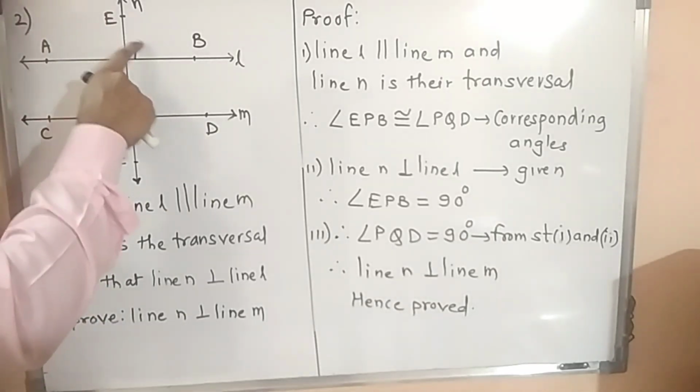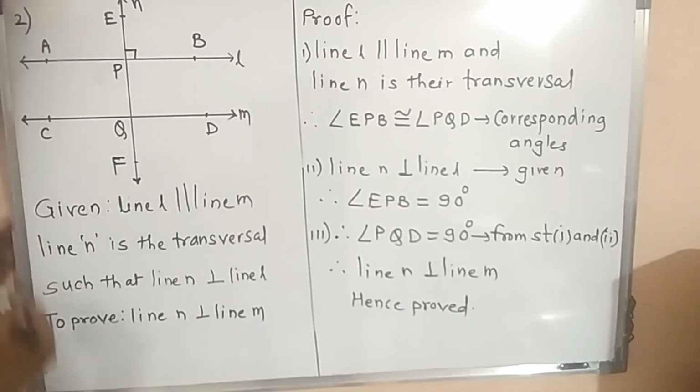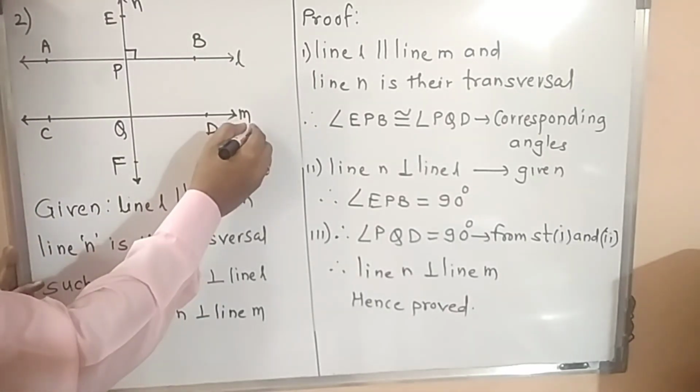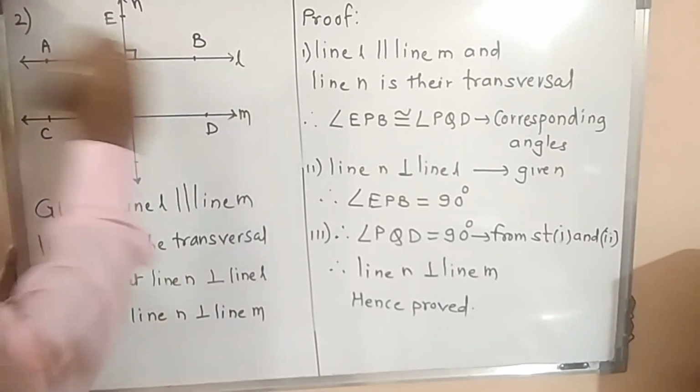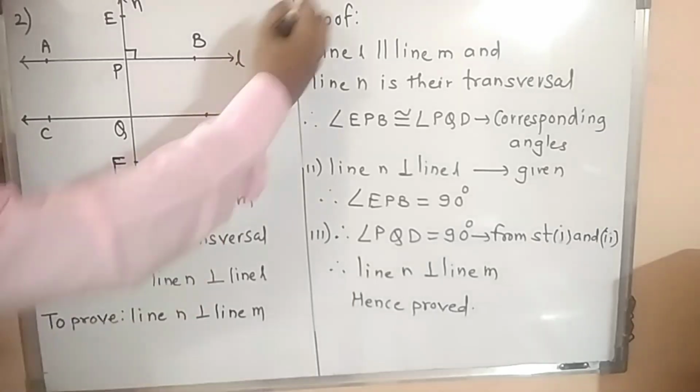Line N is perpendicular to line L. What do I have to prove? I have to prove line N is perpendicular to another line. Which one is the other line? Line M. This I have to prove.